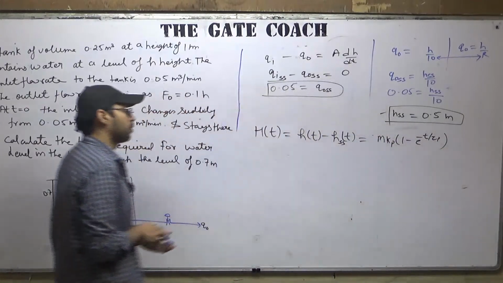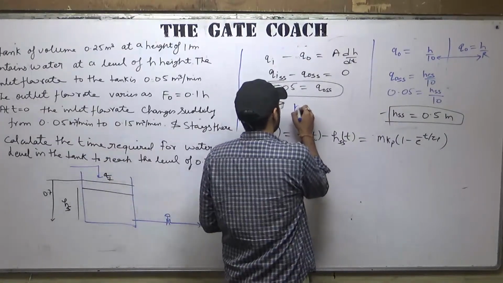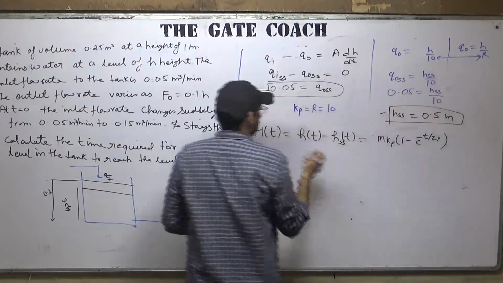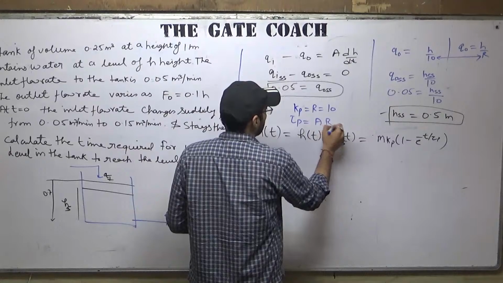But we need to calculate the value of Kp and tau p. What is Kp here? Kp is R, and R is your 10. What is tau p? Tau p equals A into R, area into resistance.